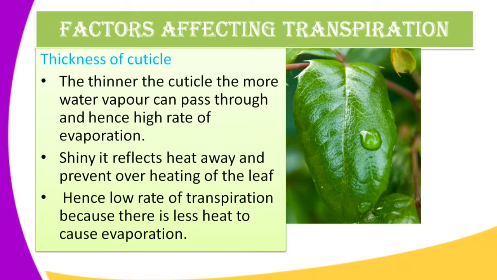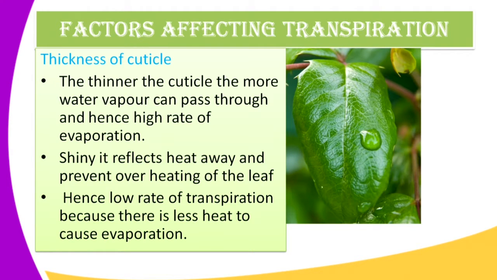Sometimes you can just peel it off and see the transparent waxy layer. That is what we call the cuticle. So when the cuticle is thinner, more water can pass through, so the rate of transpiration is going to be high. If the plant has a thick cuticle, it's going to be low.